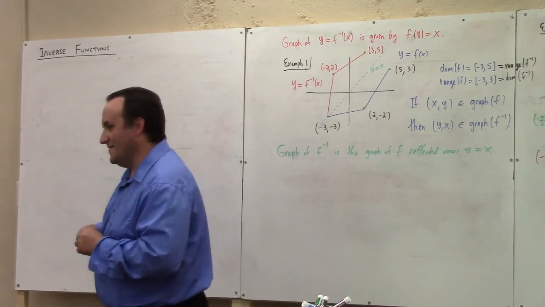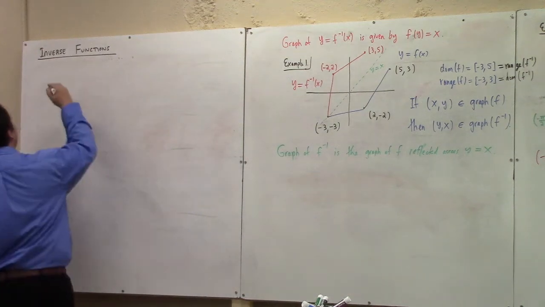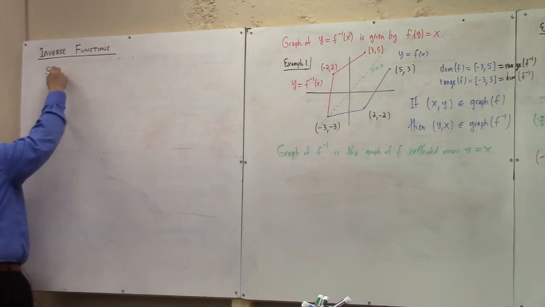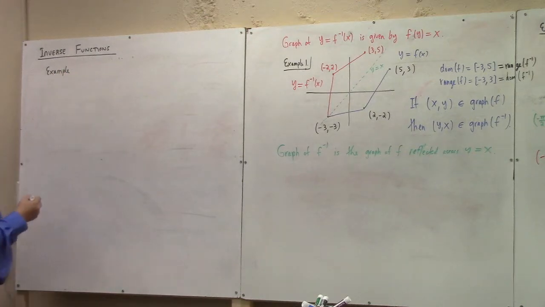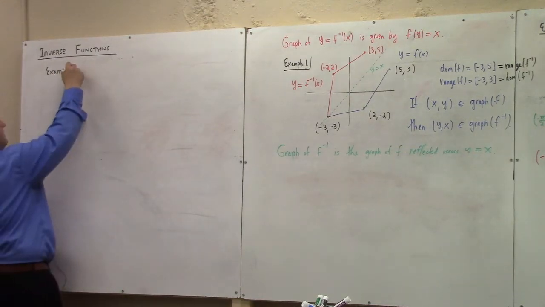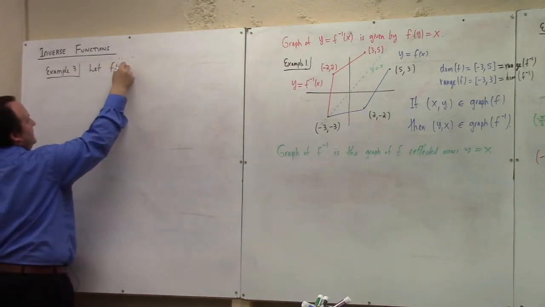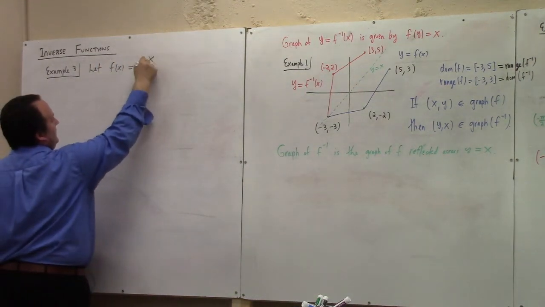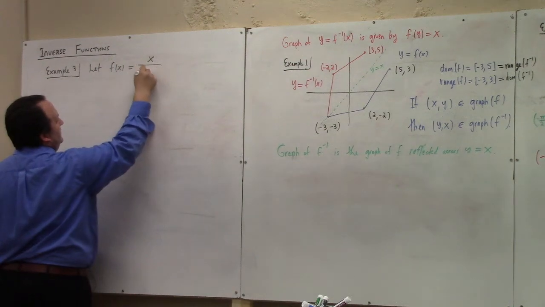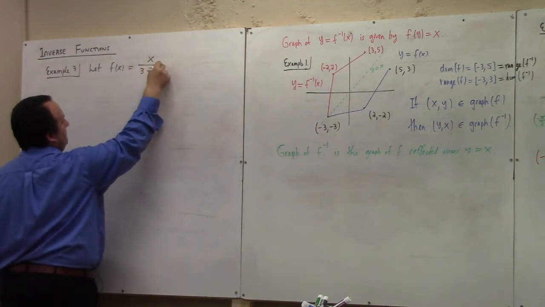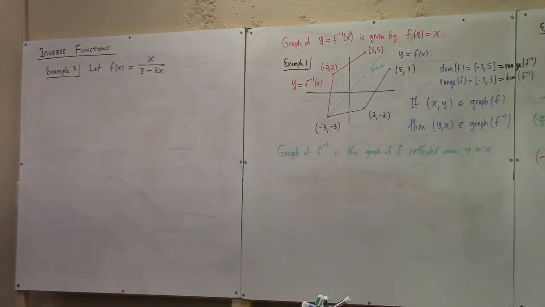All right. Let's do another example. Example 3. Let f of x equal x over 3 minus 2x.